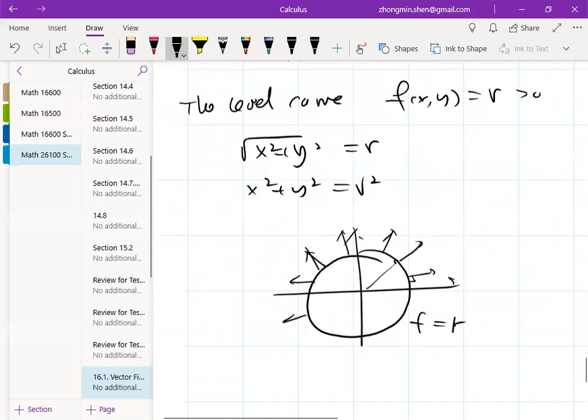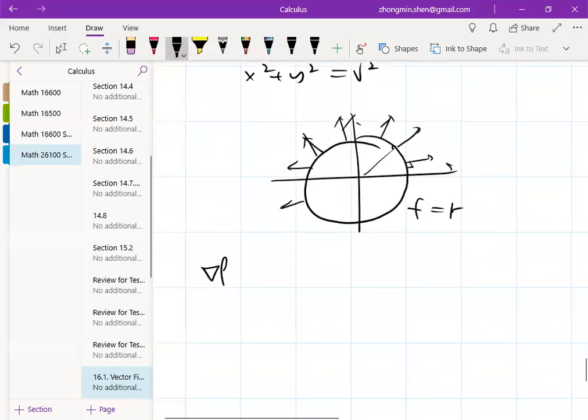So before I solve the problem, the gradient of f at every point must be a multiple of the vector from the origin to that particular point. Okay? It must be in that form before you do the calculation. Because it's perpendicular to the circle, it must be parallel to the vector from the origin to that point.